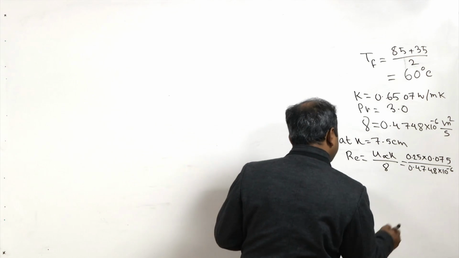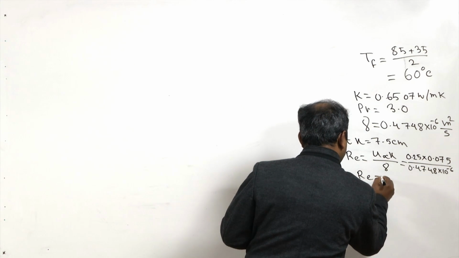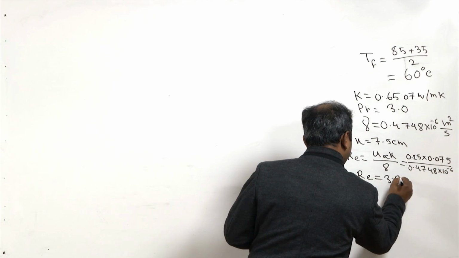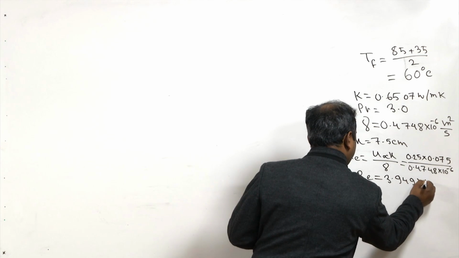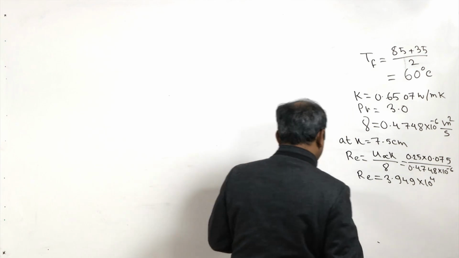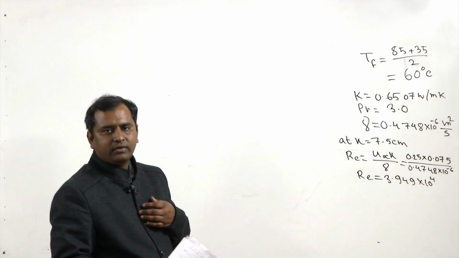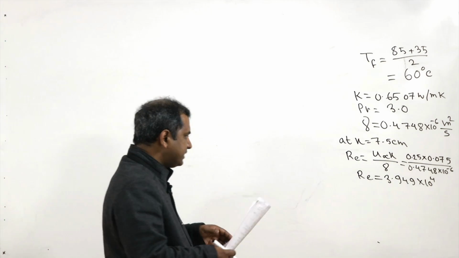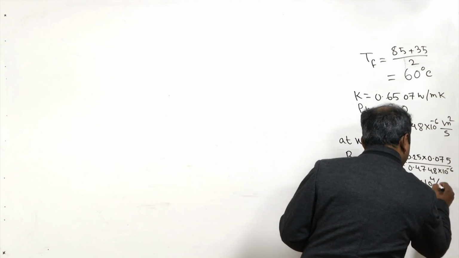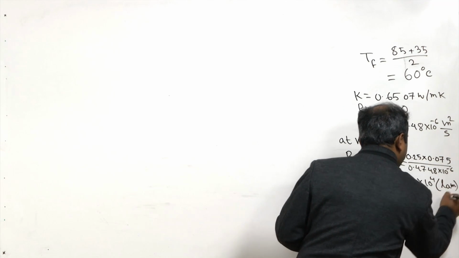So ultimately this Re comes out to be 3.949 into 10 to the power 4. You see it is less than 5 into 10 to the power 5, so we can say this is a laminar zone.